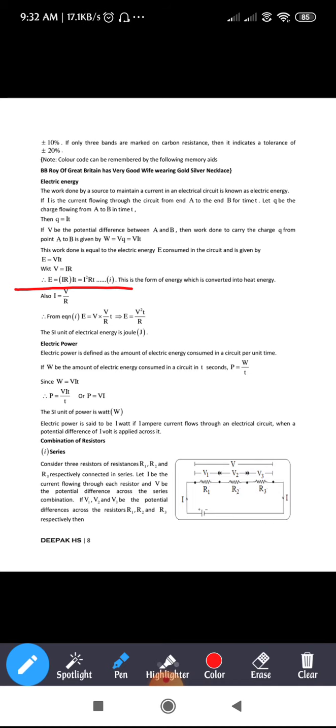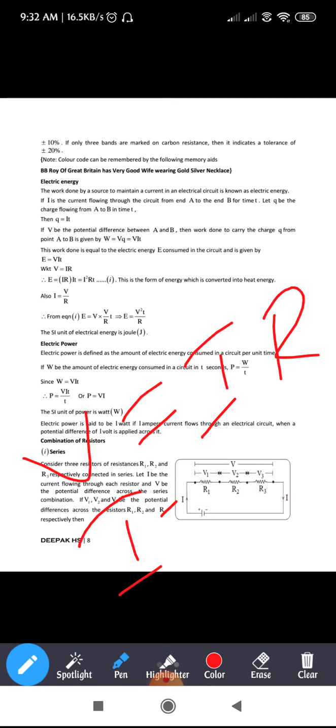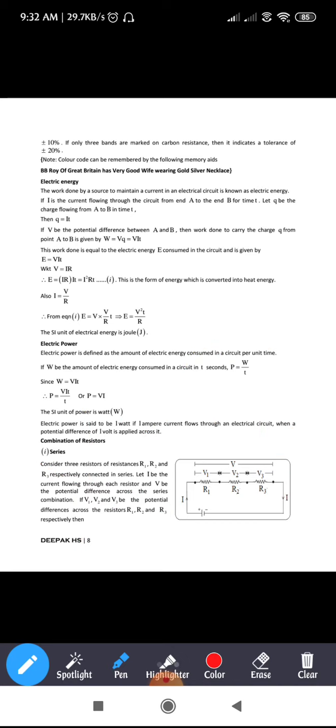Next, according to Ohm's law, V is equal to IR, so that can be written as I is equal to V by R, right? Again, if you substitute the value of I in E is equal to VIT, the equation comes out to be V square T divided by R. So as I said, the electrical energy equation E is equal to VIT is written in different ways by considering Ohm's law.